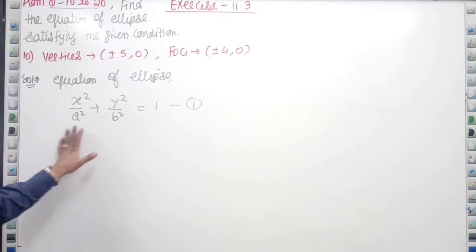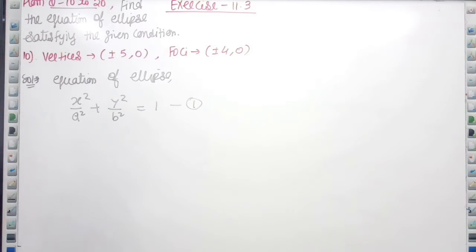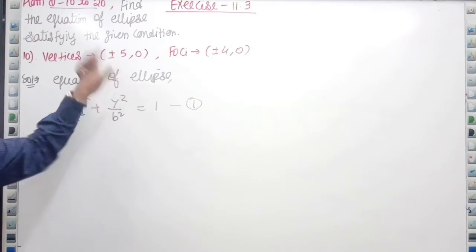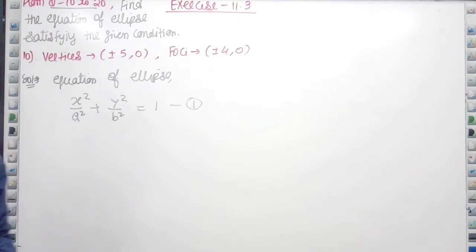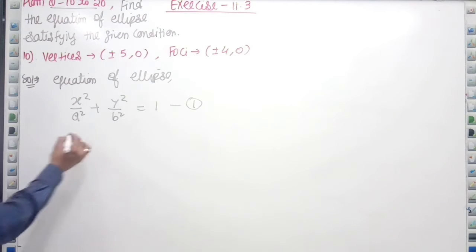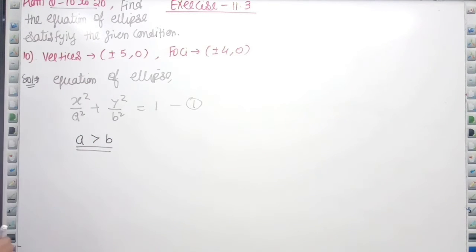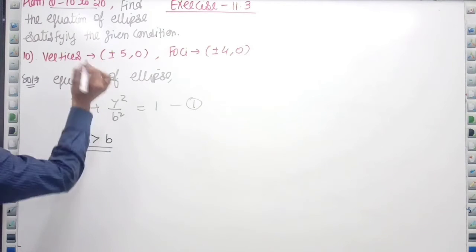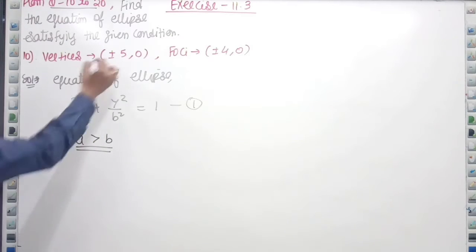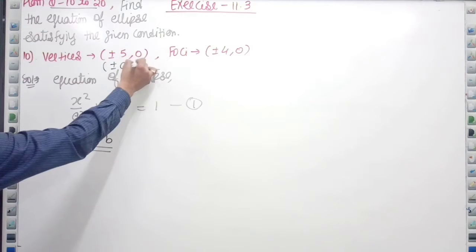Now what we need to find? We need to find the values of a and b. As we can say, vertices and foci are on x-axis. Remember, if it is on x-axis, the case is a greater than b. In the a greater than b case, vertices are plus minus a comma 0.